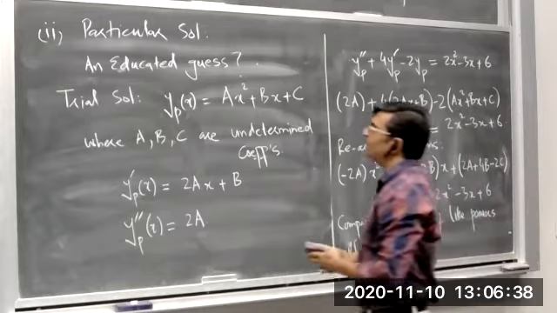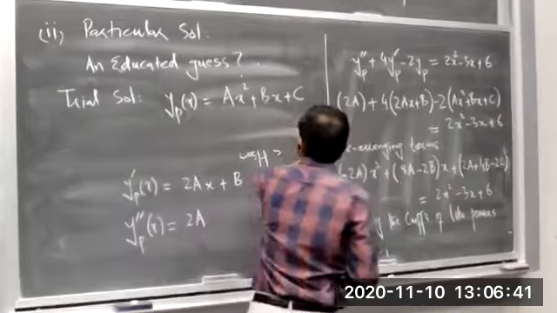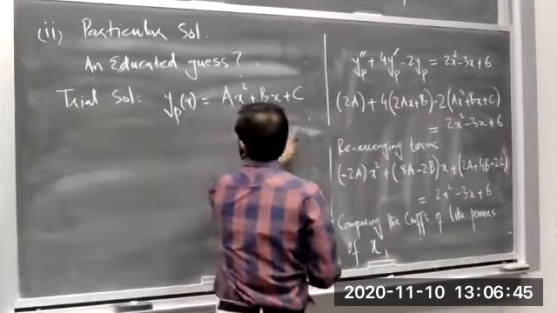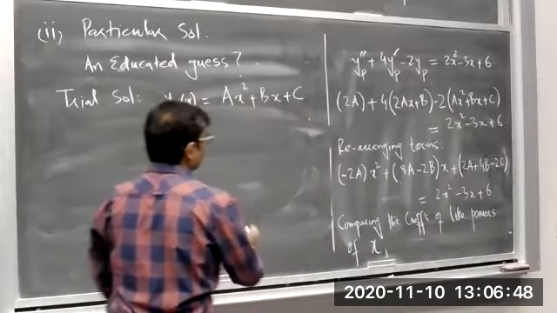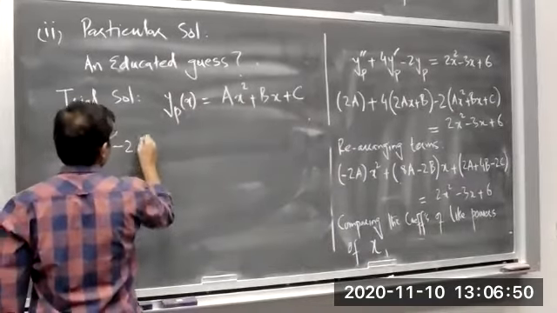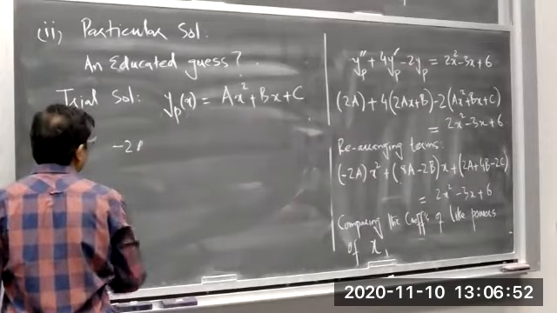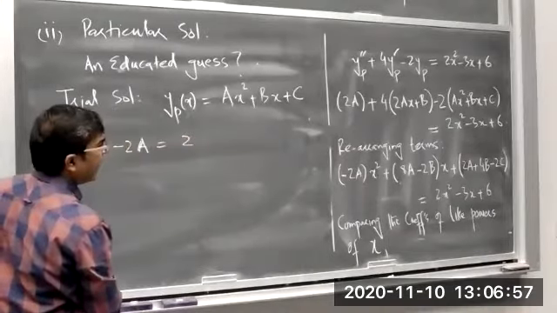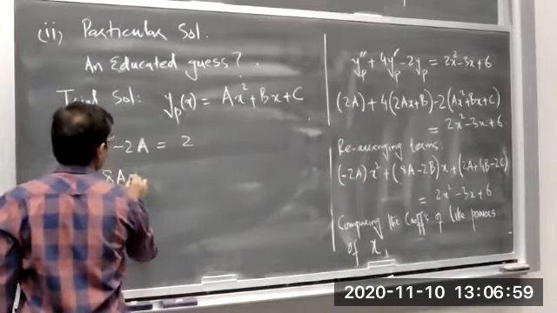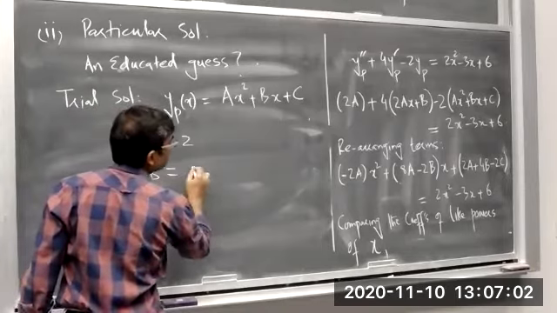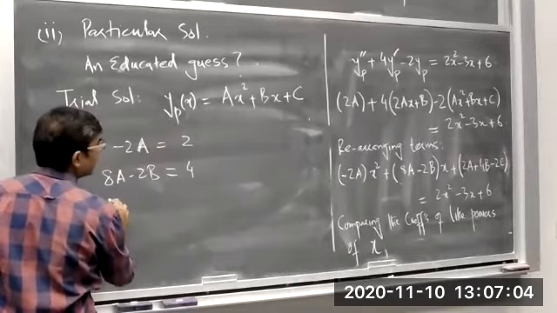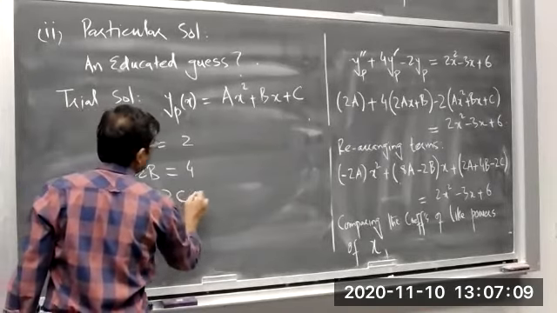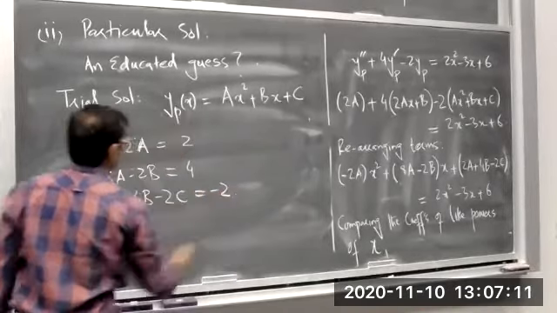So we obtain three equations if we compare these two sides. So we obtain -2a is equal to 2, and then 8a minus 2b is equal to 4, and then 2a plus 4b minus 2c is equal to -2.